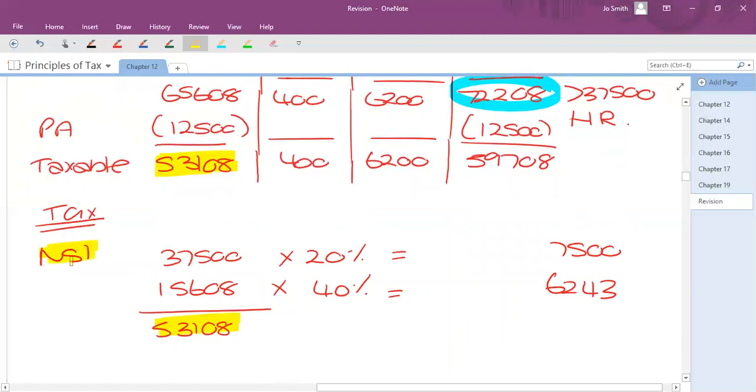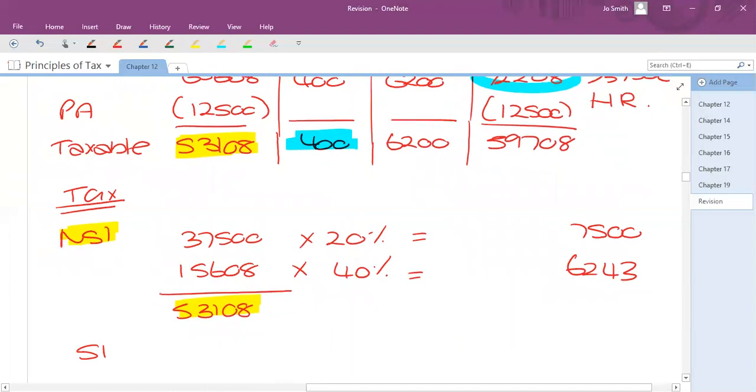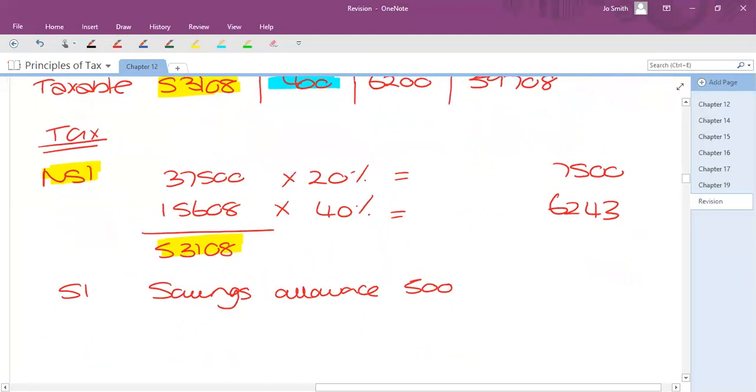So we're going to move across to the right, and the next income we've got is the savings income, this 400. Now, if you've got savings income, you will get that savings allowance unless you're an additional rate taxpayer. The amount you're going to get for your savings allowance, let's write it in, is going to be 500, because you are a higher rate taxpayer.